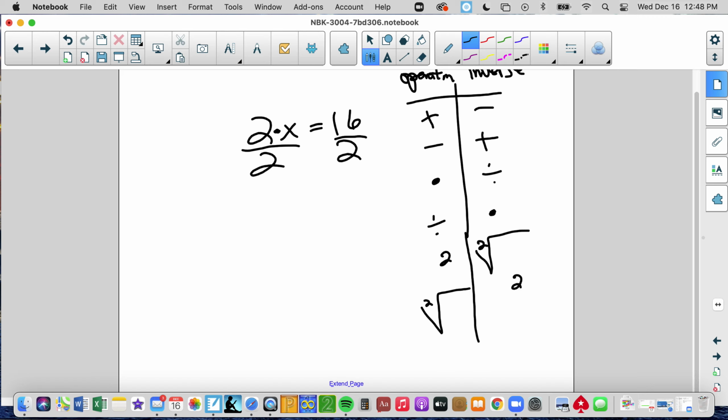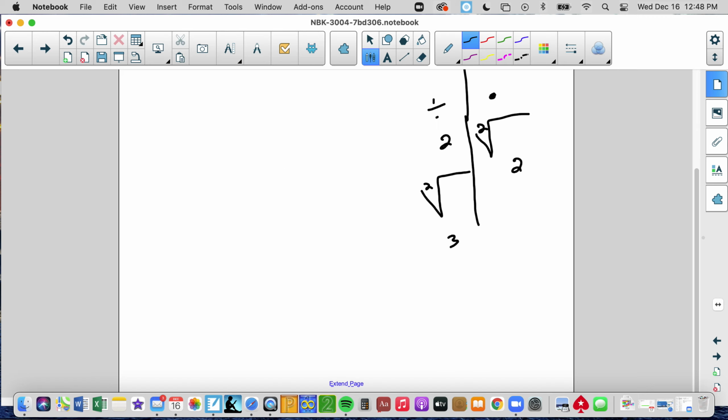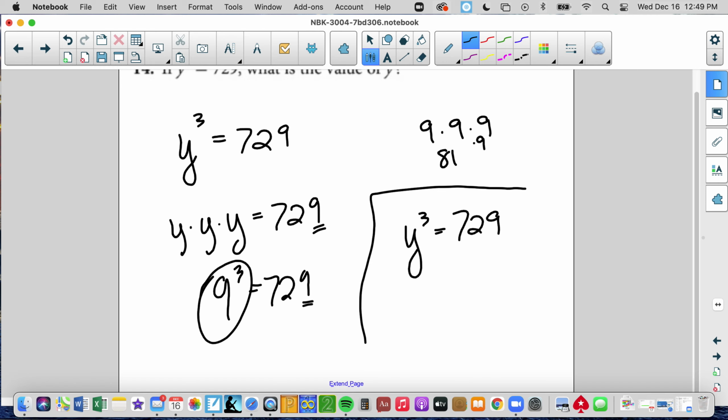And then you can keep going. The inverse of a cube is the cube root. Fourth is the fourth root, etc. So we could look at this, and how do we get rid of a cube? You take the third root of that. So I would take the third root of 729.